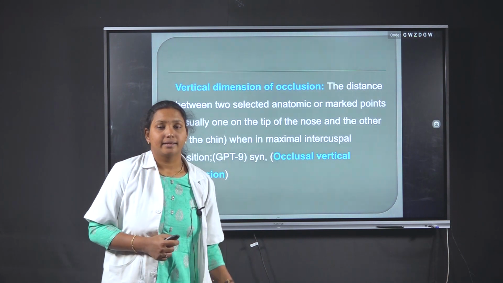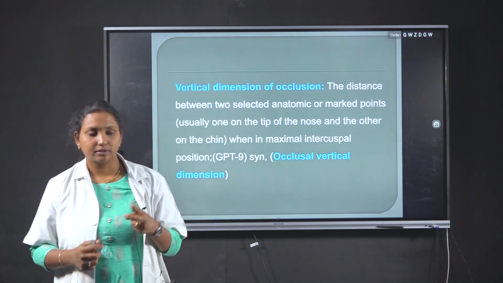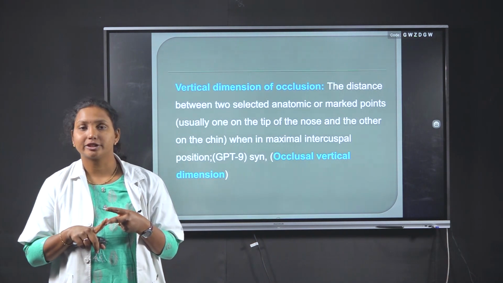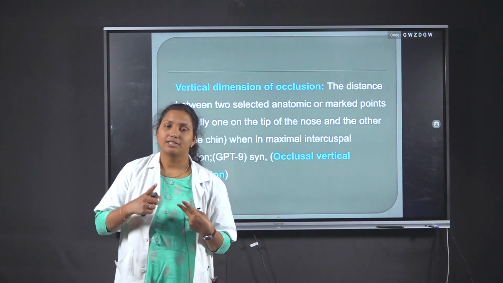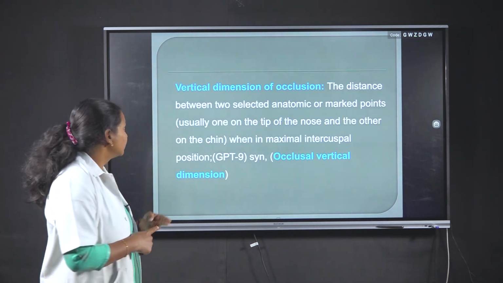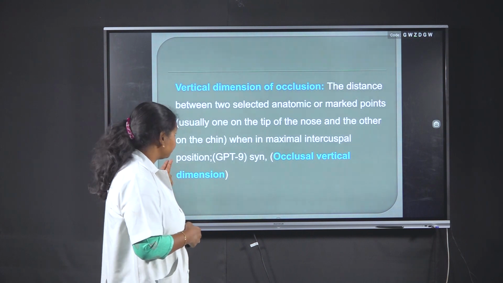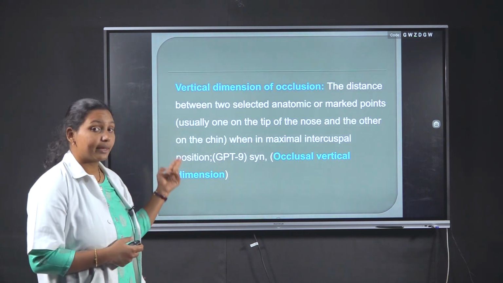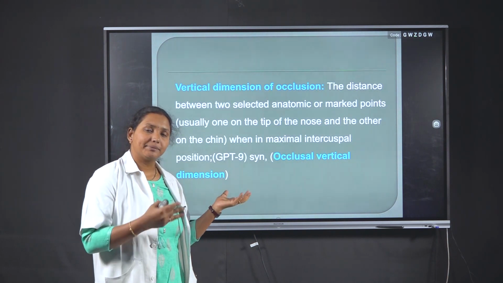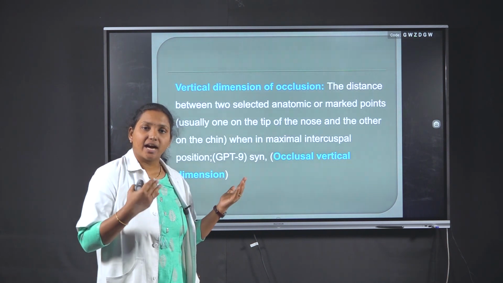Then in vertical jaw relation, two names you should remember: vertical dimension at rest and vertical dimension at occlusion. Vertical dimension of occlusion is VDO, whereas vertical dimension at rest is called VDR.